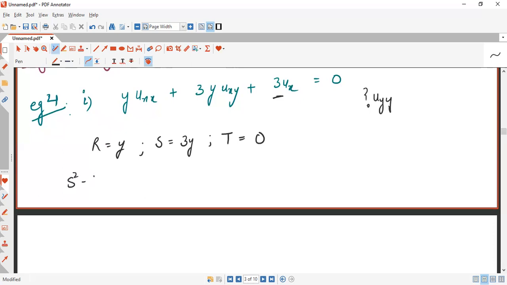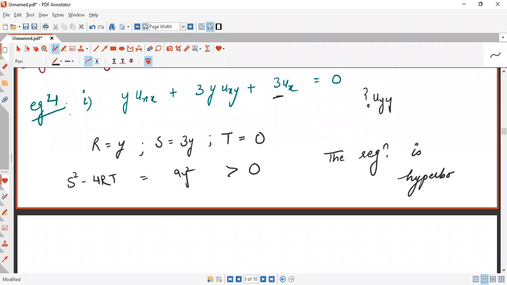Now find s square minus 4rt. 9y square will always be positive, y square is always positive, so the region is hyperbolic.